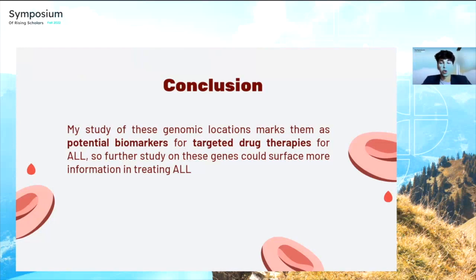My review on these genomic locations marks them as potential biomarkers for targeted drug therapies for ALL. So further study on these genes could surface groundbreaking information in targeting and treating children with ALL, so that we reduce the fatalities and the susceptibility of ALL within our world.